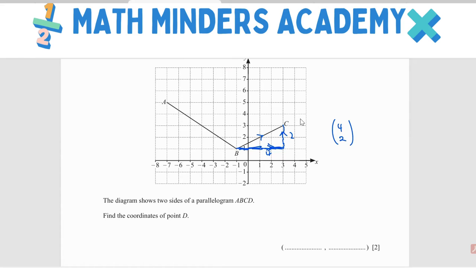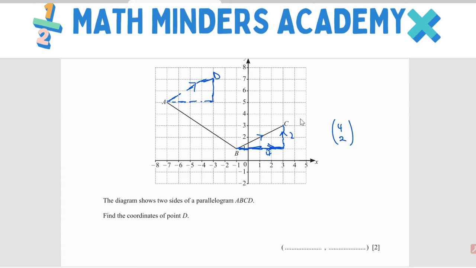We take 1, 2, 3, 4, and we move 1, 2. This is where point D is going to be, so that if we join this, it is going to be parallel to AC.